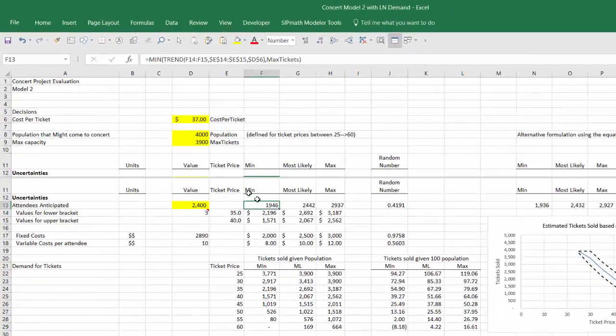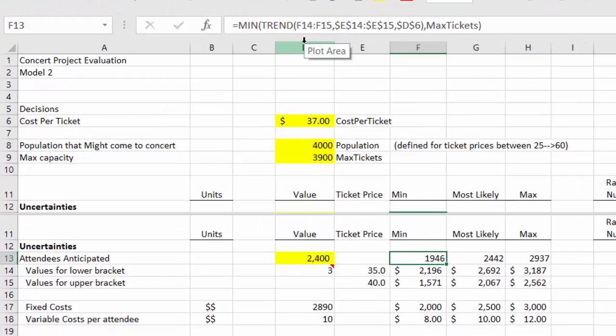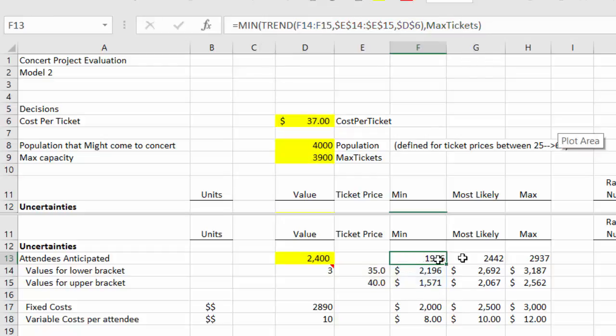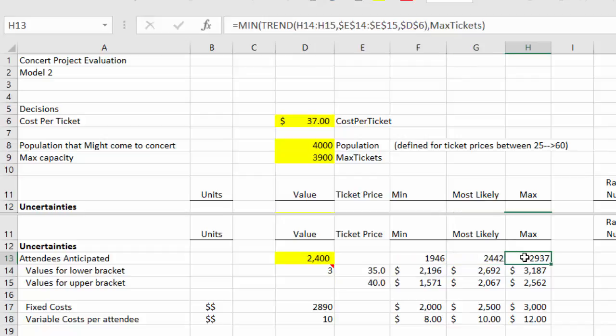So that's what we've put into here. The known y's, known x's, and the cost per ticket. We then also put in a maximum of the max tickets. We've done that for each one of these. We are now ready to do our analysis.